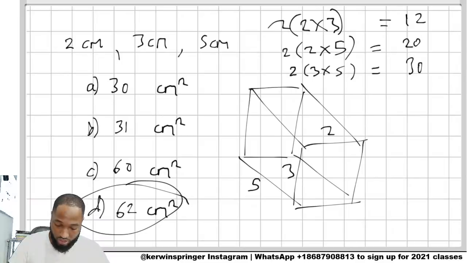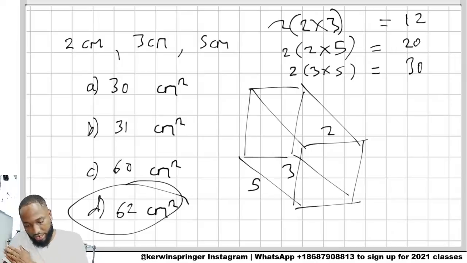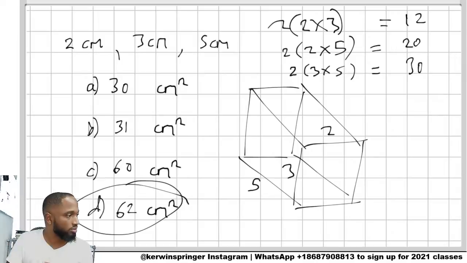I'm going to post this question up on the gram since everybody wants to get it wrong. For some reason, a lot of people got this wrong.